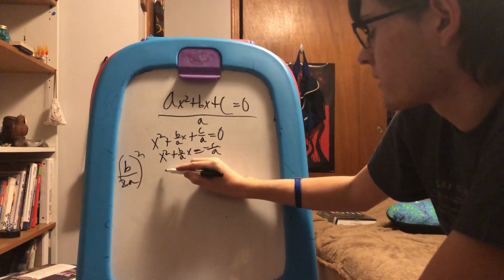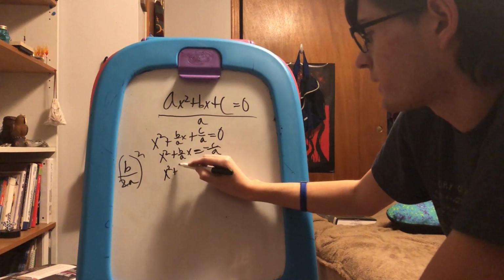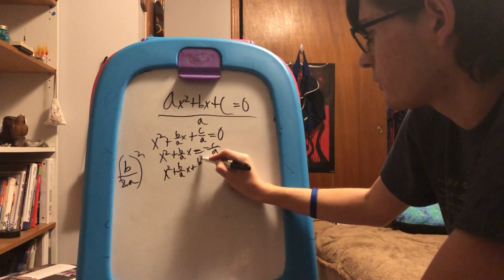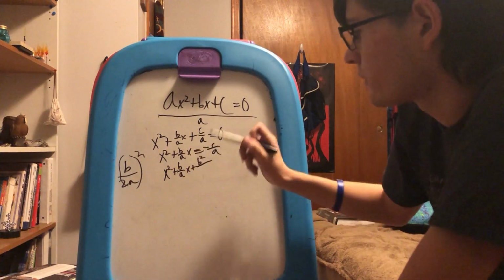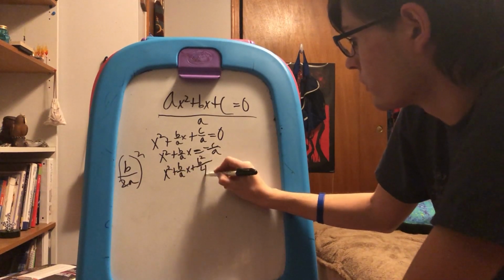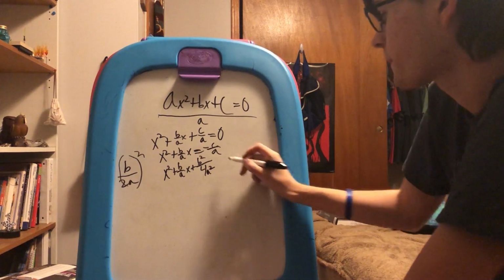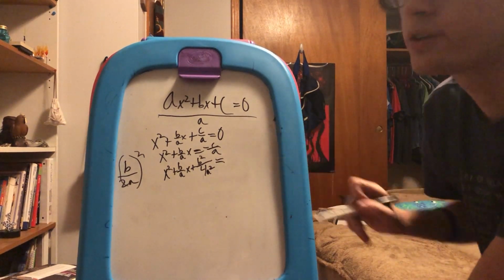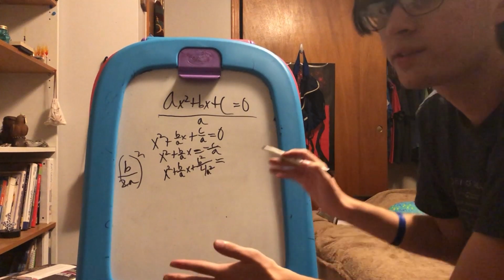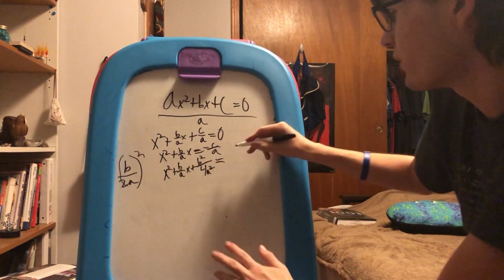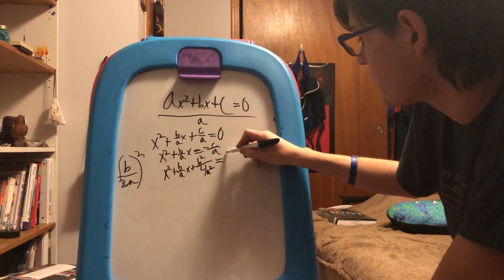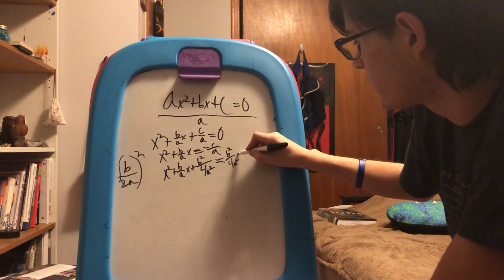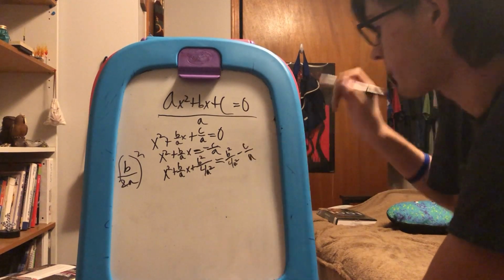So we get x squared plus b over a x plus b squared over 2 squared, which is 4, a squared is a squared, so it's 4a squared, equals, and since we're adding this to this side, we want to add it to the other side too, so that the equation still equals itself. So we have b squared over 4a squared minus c over a.